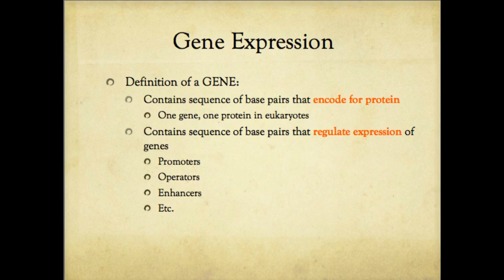But genes also contain sequences of bases that are used purely for regulation of when that protein gets made. These are stretches of bases that we call promoters and operators and enhancers. They typically reside upstream from the protein coding portion of the gene.